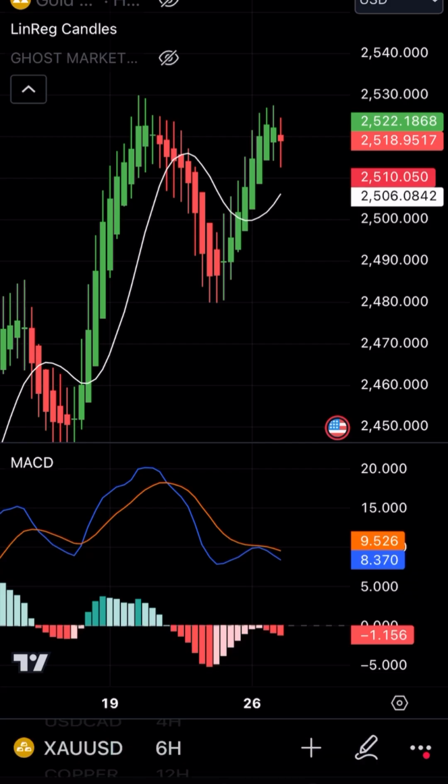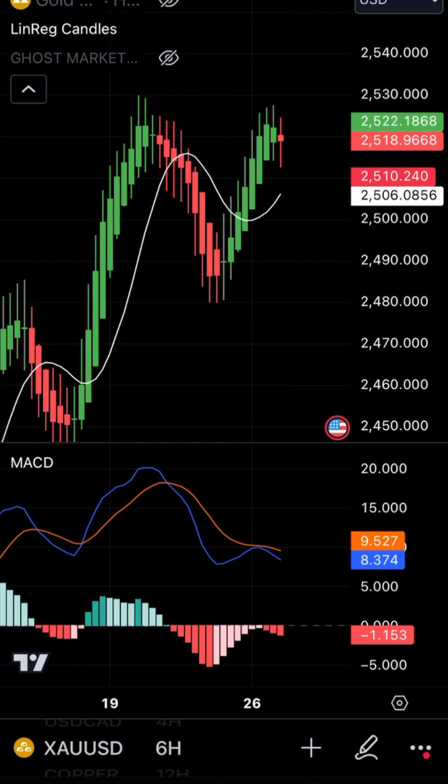Once you get that, you want to hide your regular candles, and then it doesn't make anything as choppy. You can see the direction a lot more clearly with this, so remove your regular candles. The next thing you'll need is your MACD, and that's really all you need for this to work.